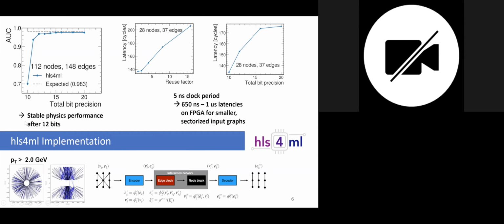And so we did a physics performance study as a function of bit width, and then also studied the latency for small sectorized input graphs. And for these smaller graphs, saw latencies ranging from 650 nanoseconds to about 1 microsecond expected. With that, thank you so much.